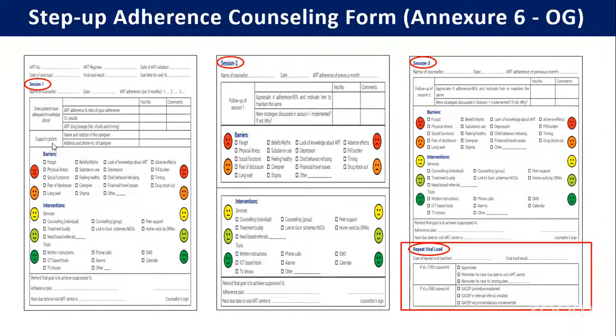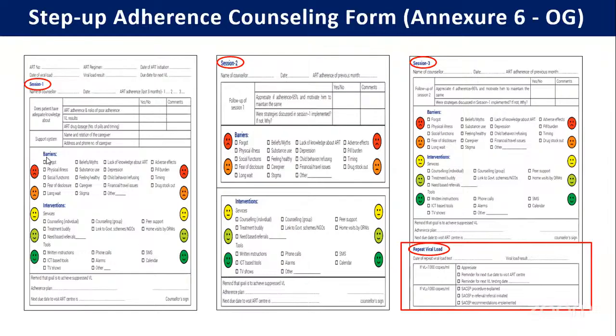And then also at the same time, the counselor has to identify the support system, like who is the caregiver or the relative or the spouse, etc. in the family or a buddy, and address and phone number of the caregiver all need to be recorded.